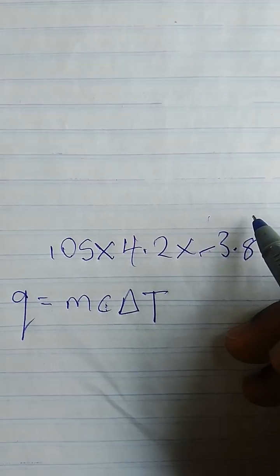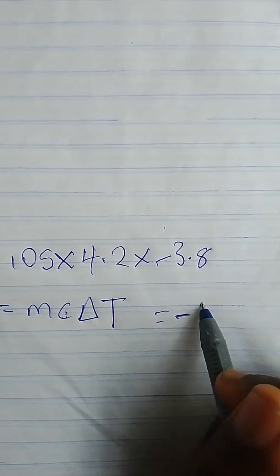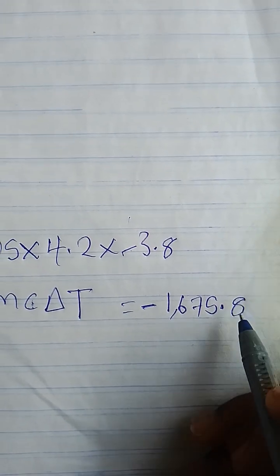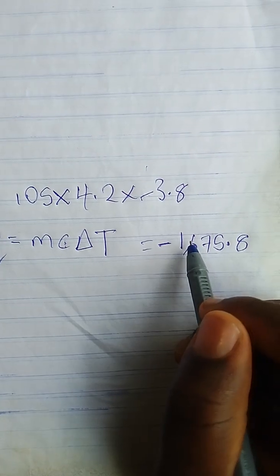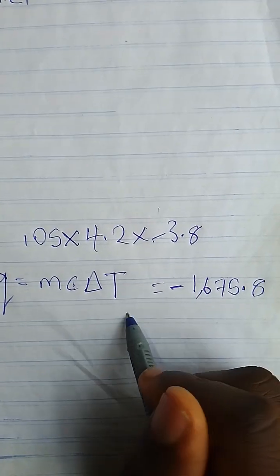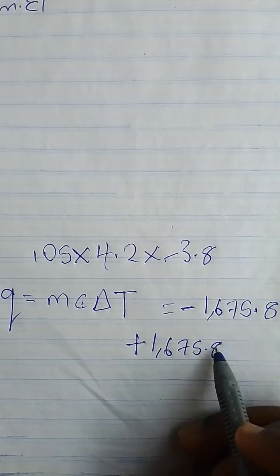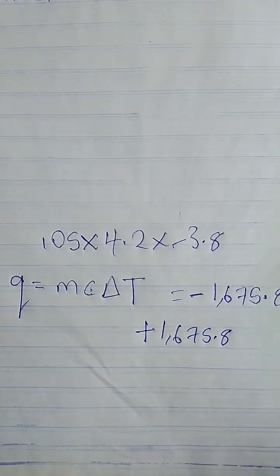Okay. Now, when you press your calculator, you will get this figure, minus 1675.8. Now, this is where things get crazy. This minus 1675.8 will change to plus 1675.8. Now, the likely question will be how or why.